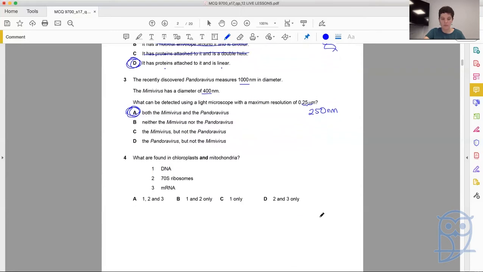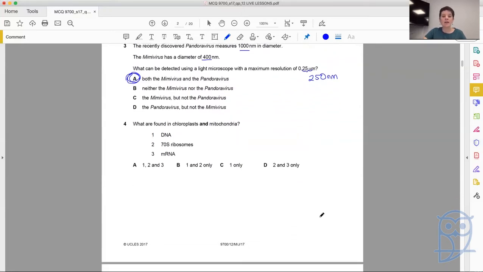Question 4. What are found in chloroplasts and mitochondria? So it's important that we're using that "and". Okay, do we have DNA in both? Yes, we do. Do we have 70S ribosomes? Yes, we do. Do we have mRNA? Now that's not something that we study directly, but we need to think.